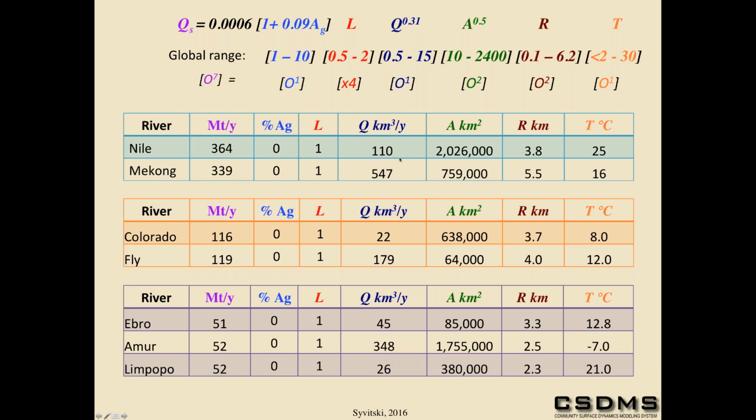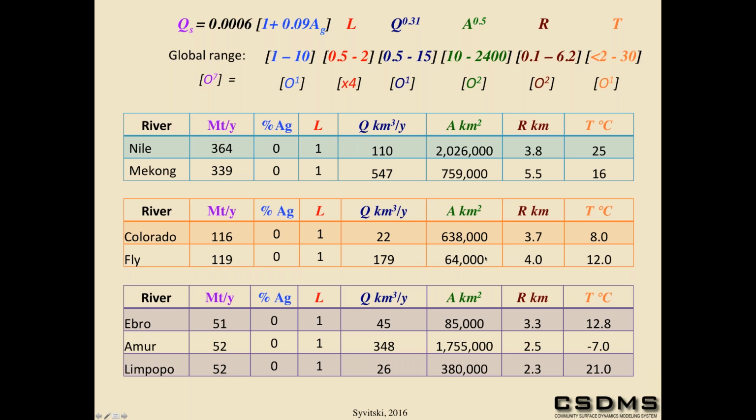One has much more discharge, the Mekong, compared to the Nile. The area is so much bigger on the Nile compared to the Mekong. The relief is so much bigger on the Mekong, and you've got these temperature differences, basin average temperature differences, and yet you get the same loads. You can see that is true for the Colorado River.